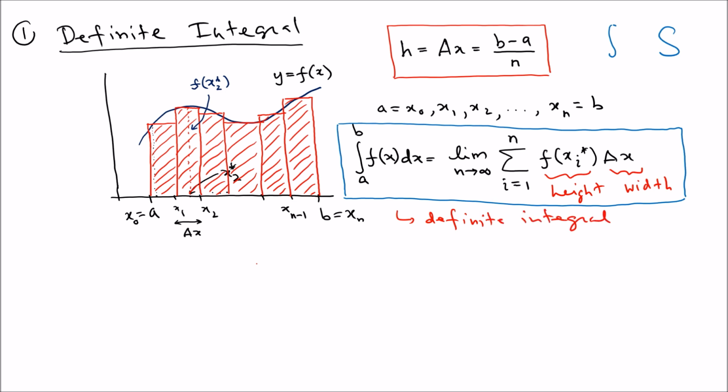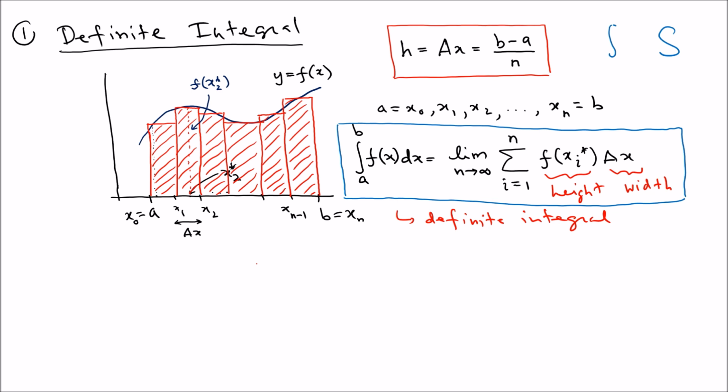Okay, and then you can see it's not that difficult. You need to know what points you're going to pick, and then just calculate the sum. And when you send n to infinity, you're going to get a value. That value is what we call the definite integral, and you can see that it actually represents the area below the curve.